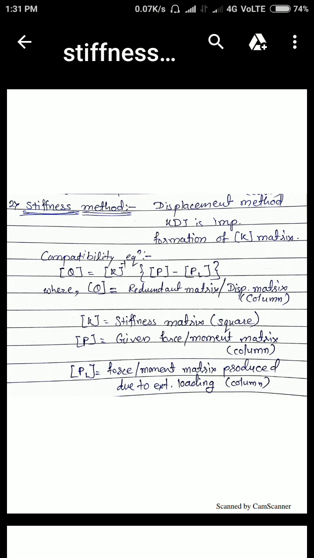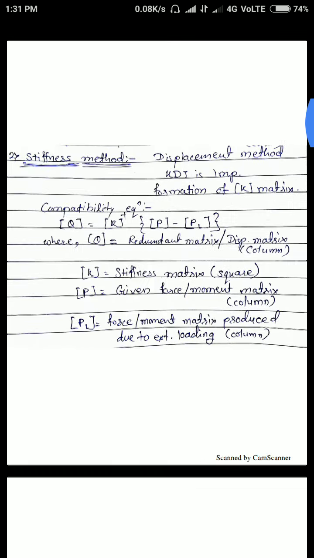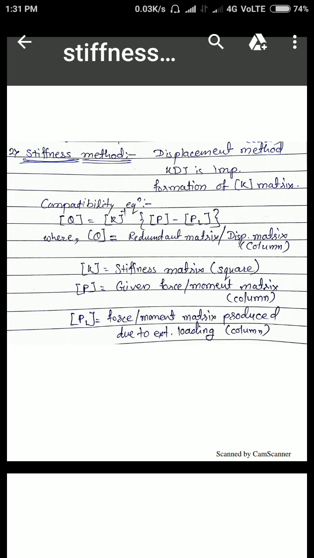Once again it is also a force or moment matrix, that is the action matrix, which will be produced due to external loading. What the external loading condition on the structure is will be a very important factor to find the PL matrix. Once again this PL matrix will be a column matrix. So this is the compatibility equation you will be using.